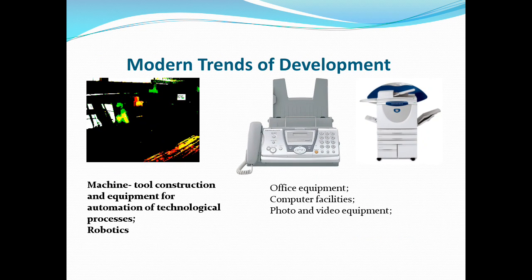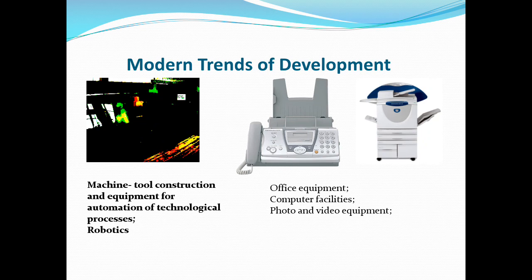Modern trends of development. What have we come to now in the mechatronic system today? Examples: machine tool construction. All the machine tools are constructed in a mechatronic way in today's world.